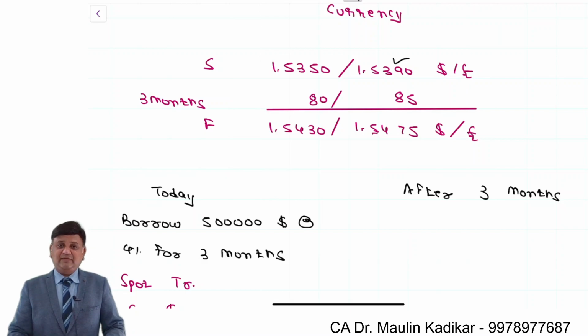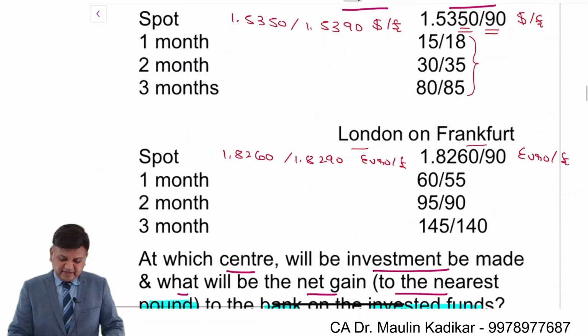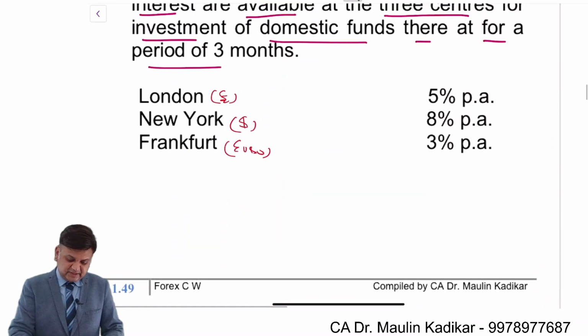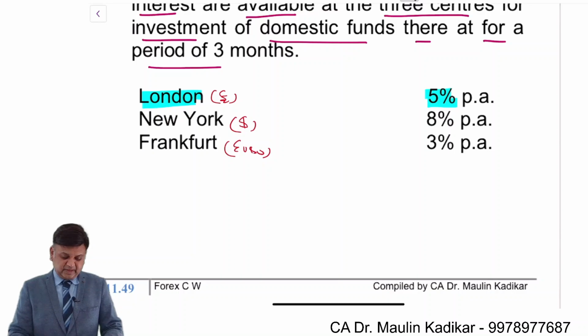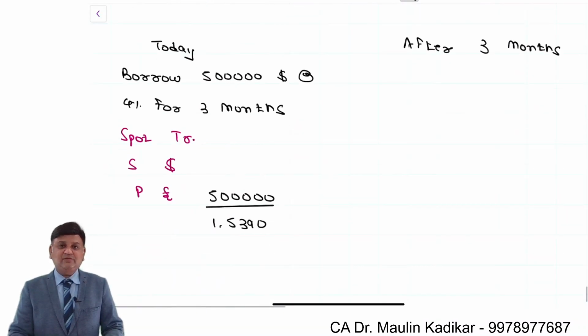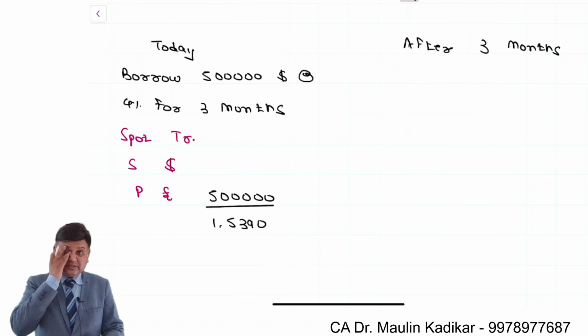Amount of the pound that we have received today will be invested. We can see that as far as the pound currency is concerned, the rate of interest is provided to us as 5% per annum. 5% is the rate of interest for 1 year. So for 3 months it would be how much? 0.05 into 0.25, that is 1.25%.